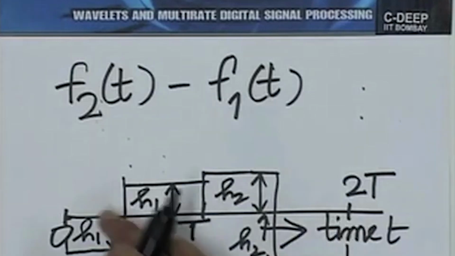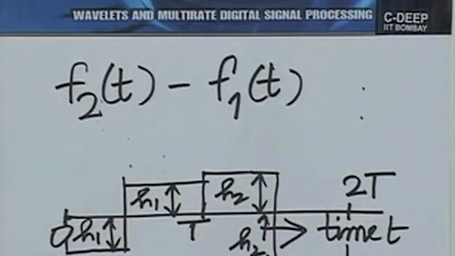Similarly, h2 has a positive value here. So, in other words, this segment of f2(t) minus f1(t) is of the following form.